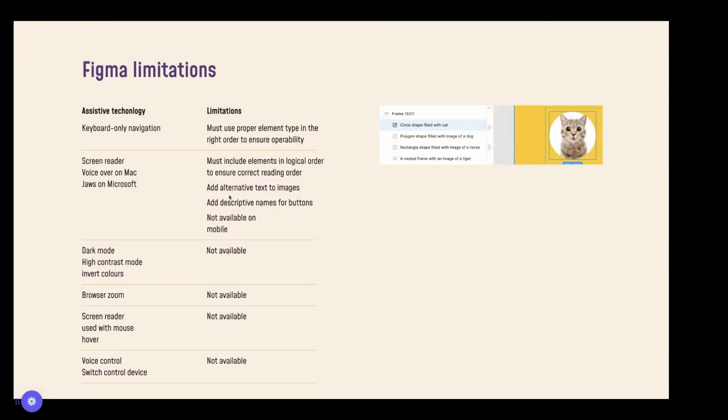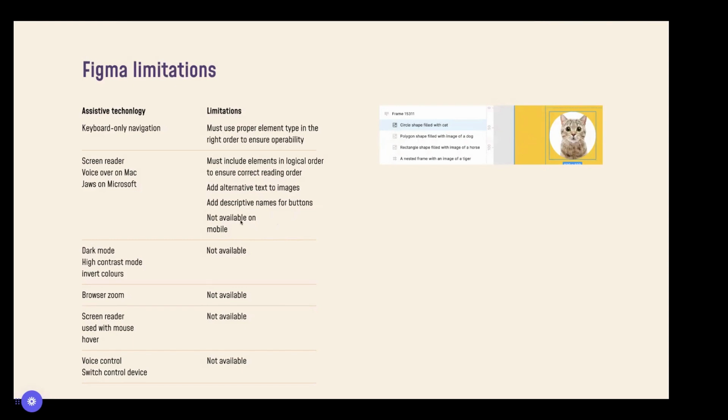And what basically Figma is doing is ignoring your cute cat and is reading the description in the order that you have the layers, ignoring what you have on the frame, and you need to make sure that all your layers are in the right order with the right description.